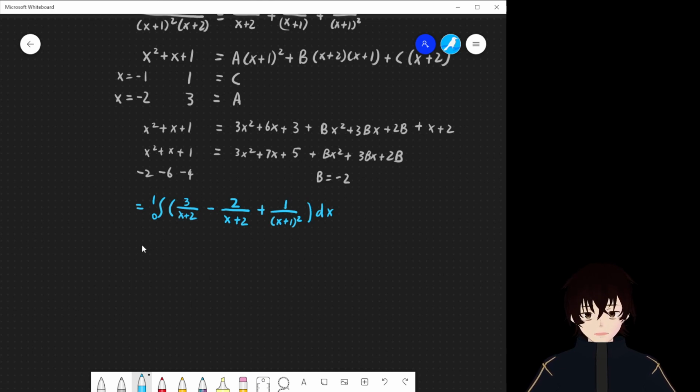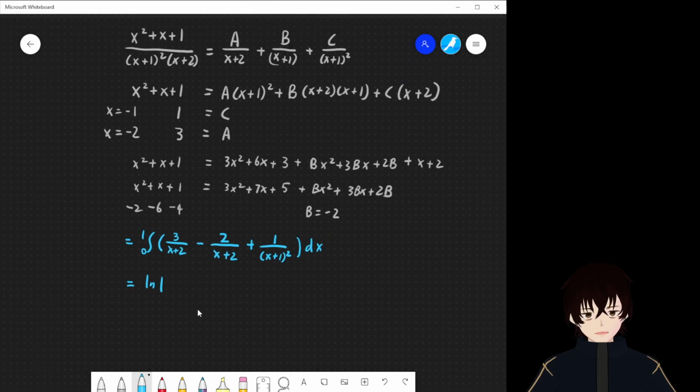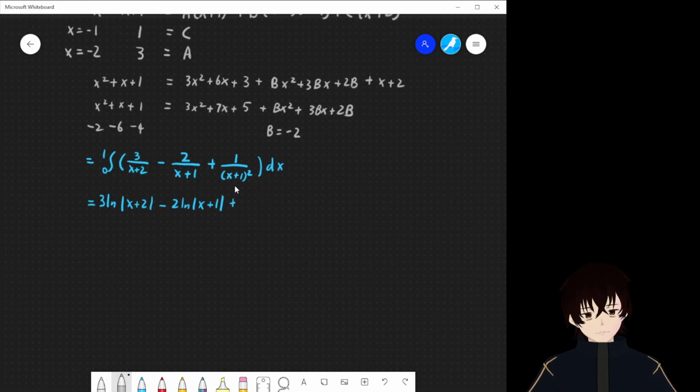Okay, integrate. We got natural log of, no, I wrote something wrong. That's not a 2. That's a 1. We got 3 natural log of x plus 2 minus 2 natural log of x plus 1 plus, okay, this should be (x plus 1) to the power of -1.